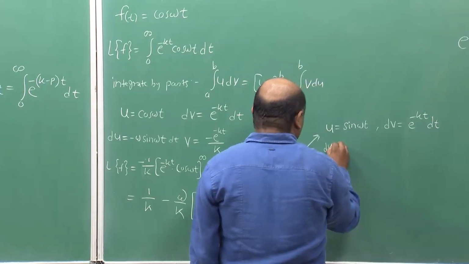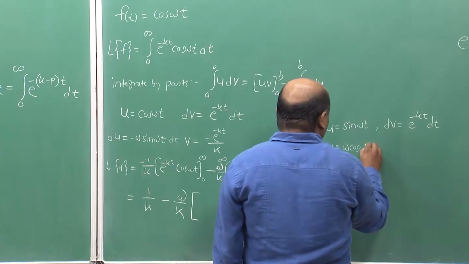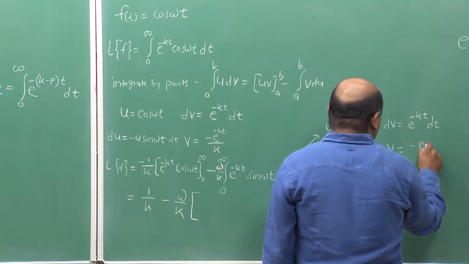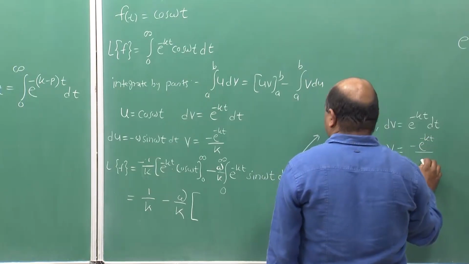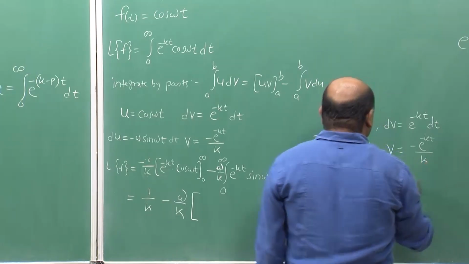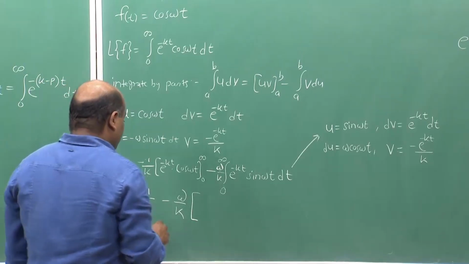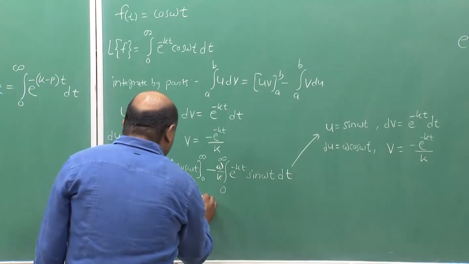So, du in this case is omega cos omega t and v will be again minus e to power minus k t by k. So, minus omega by k times u v.